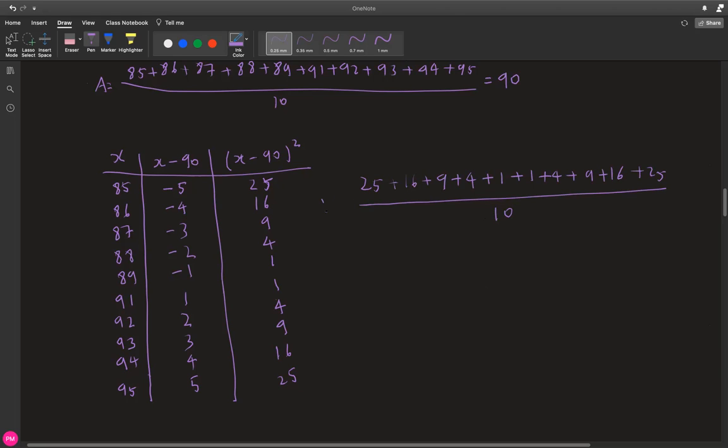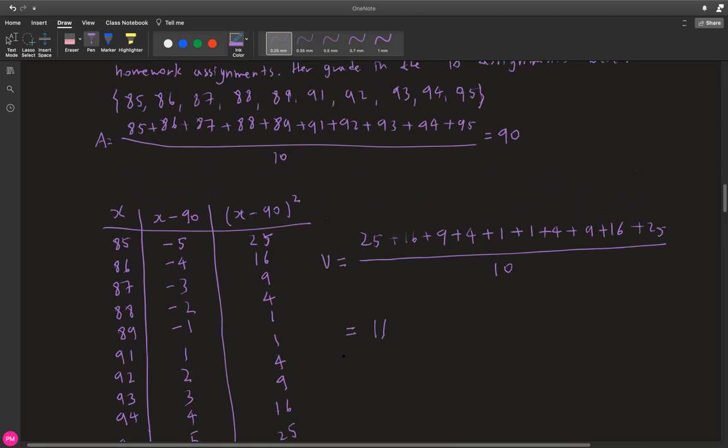And this is the variance. I'm just going to call it V. So by putting them into a calculator, you should be able to find that this comes out to be 11. And then we're almost done.